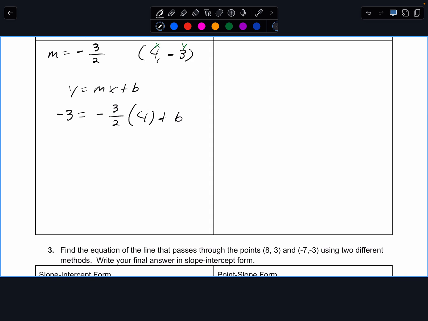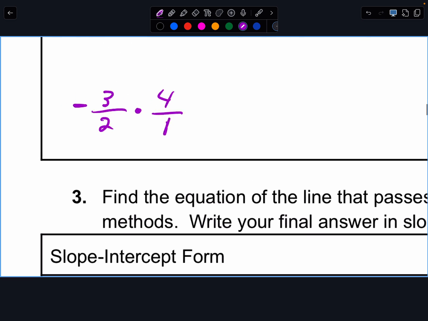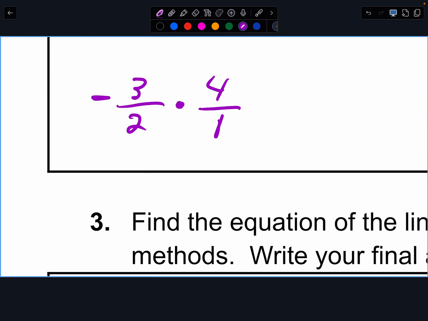All right, now let's multiply that negative 3/2 times 4. If you're having trouble with multiplying fractions, just a quick review here. You could think of this as negative 3/2 times 4/1. So it's two ways to think of it. You can multiply straight across. So straight across would be negative 3 times 4, which is negative 12, over 2 times 1, which is 2.